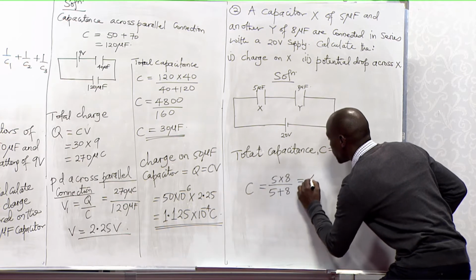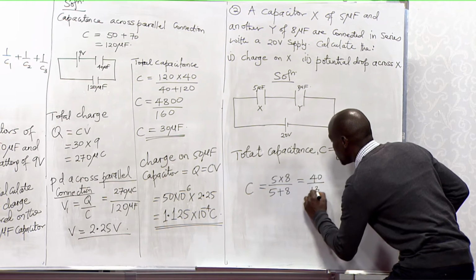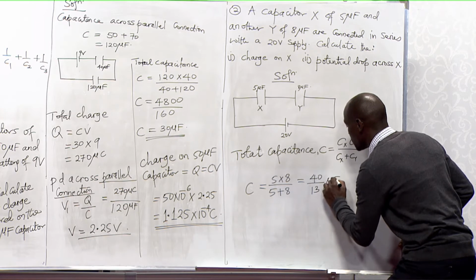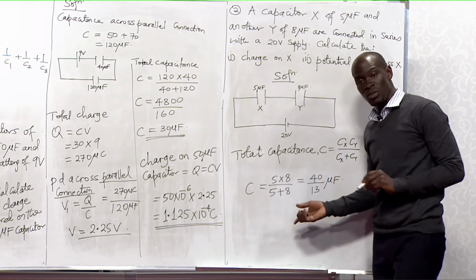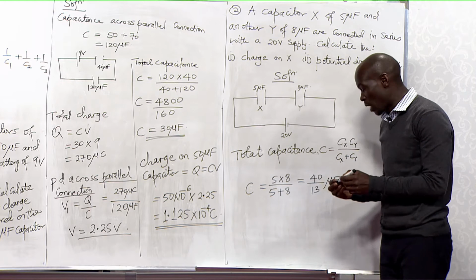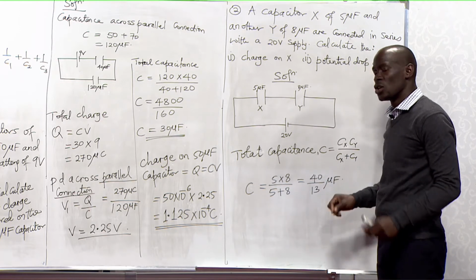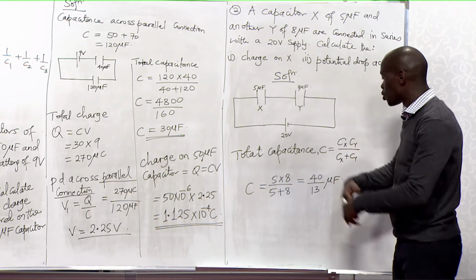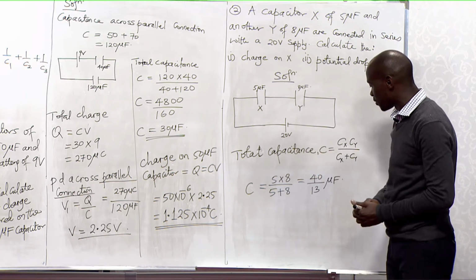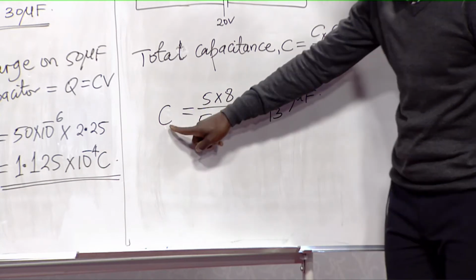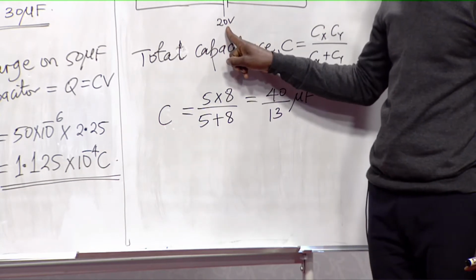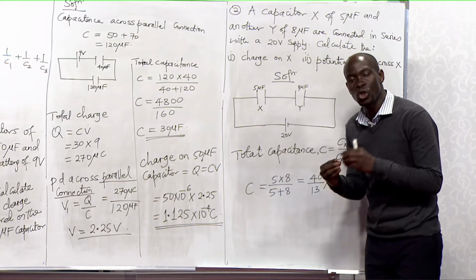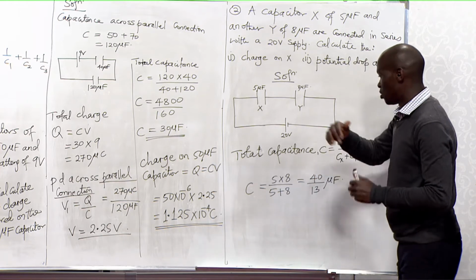This is going to give us 40 over 13 microfarads. I can keep it like this. It's not my final answer, but I can still go ahead. The reason I'm keeping it like this is to keep the degree of accuracy, so that I don't over truncate or over round off. Now, having got the total capacitance, we have the total PD. We can go ahead and find the total charge.